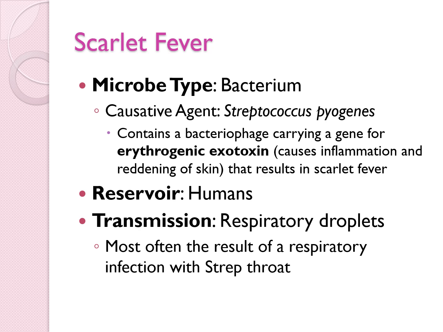So this is going to be through an exotoxin. It is an erythrogenic exotoxin that is going to cause inflammation and reddening of the skin because this exotoxin attacks red blood cells. So that is why we call it scarlet fever.